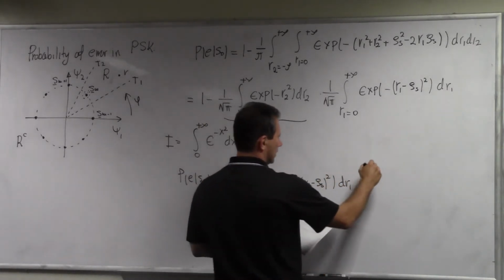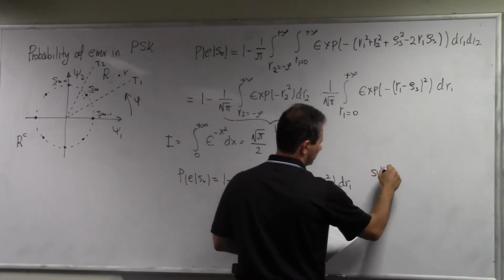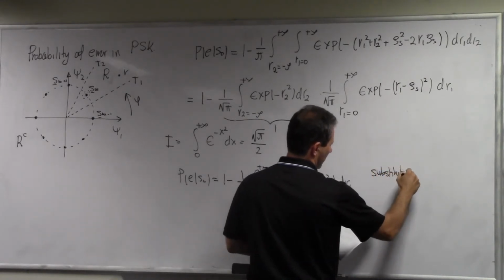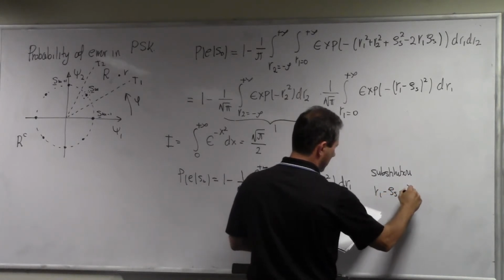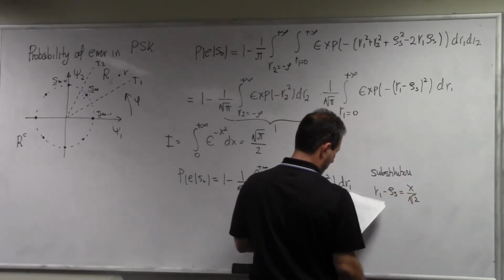Then I again do a substitution, where I say R1 minus rho s is equal to x over square root of 2.